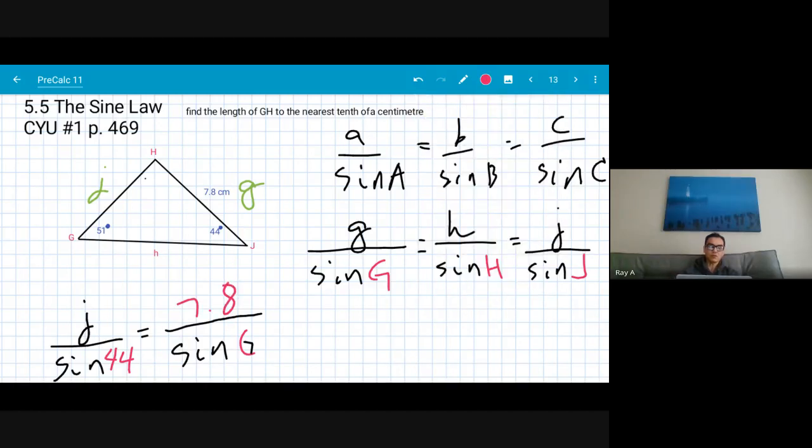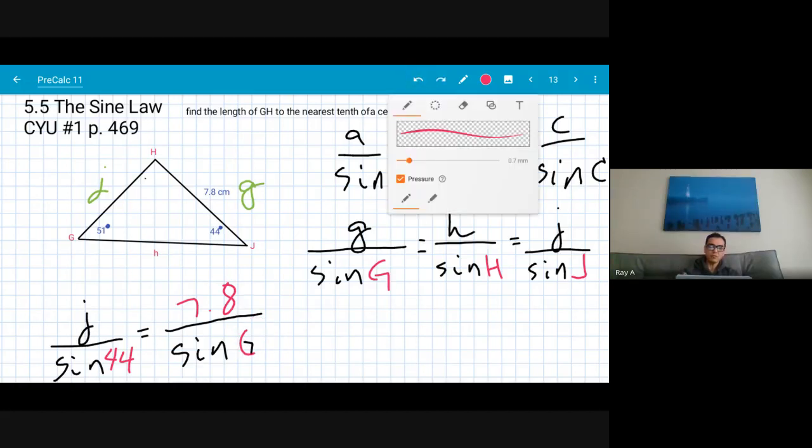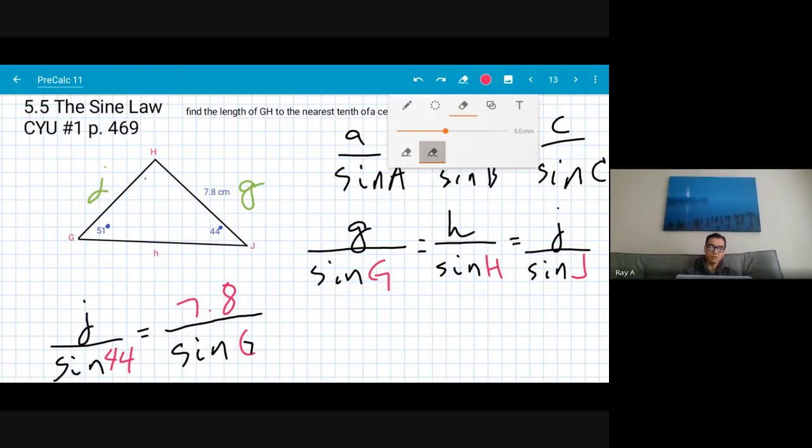What about G here? Do we have a value for G? Yes, we do. We need to get rid of that G and plug in the value, 51. So j over sine 44 equals 7.8 over sine 51. That is what you're going to be solving.